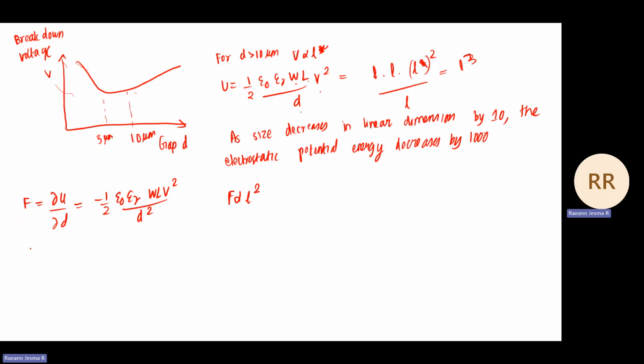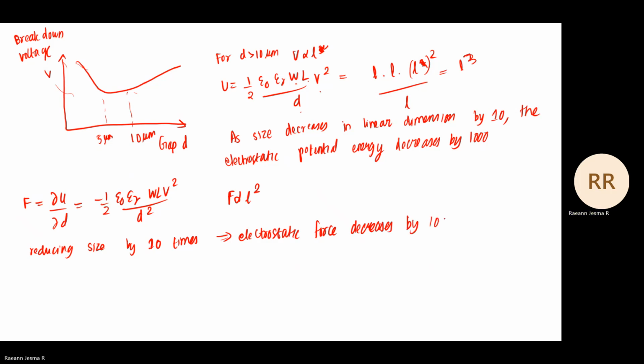So if you are reducing size by 10 times, electrostatic force decreases by 100 times. So as we move on to micron scale, the electrostatic force decreases. However, it does not decrease very drastically.